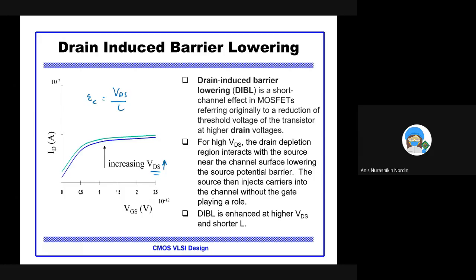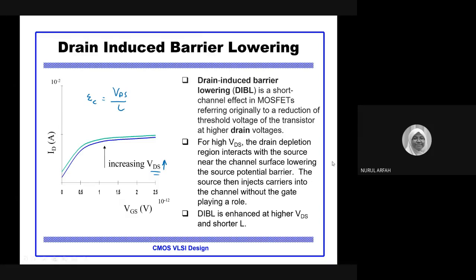Right. Okay, so we finished today's slide. Any questions? I think it's quite confusing to explain in terms of only a graph and sentence. Maybe if they go through the cross section of what happens when we inject the VDS, you can see what is actually the drain induced barrier lowering.